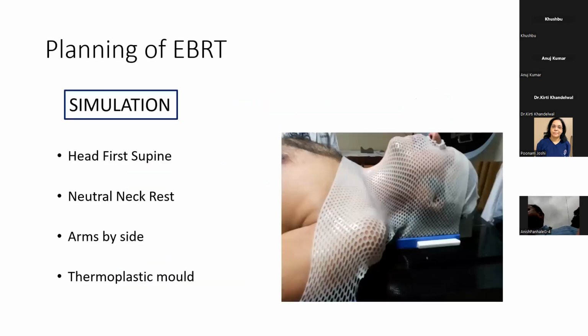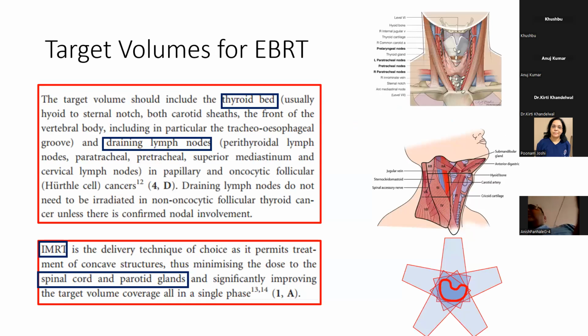Okay, then coming to the planning of EBRT, we simulate the patient in head first supine position, neutral neck rest, arms by side with a thermoplastic mold. And it is important to know what target volumes we use when we consider adjuvant treatment. So the target volume should include the thyroid bed.